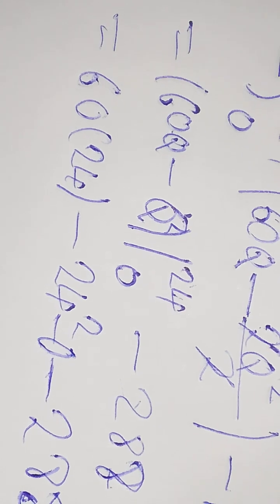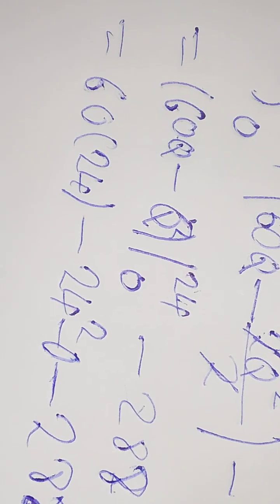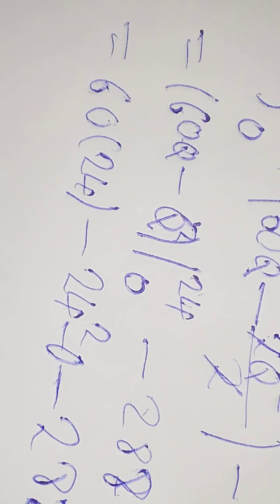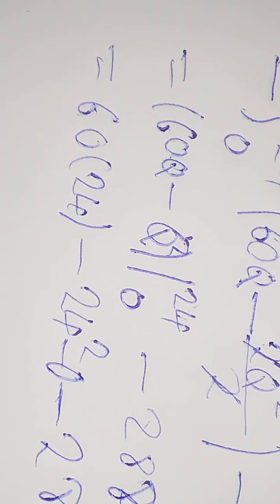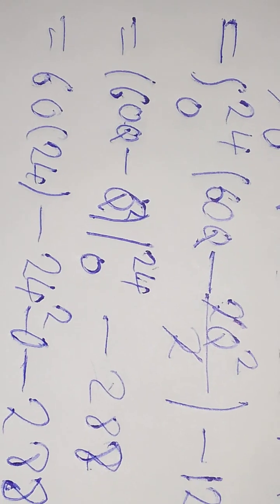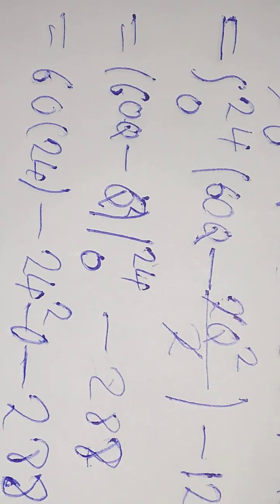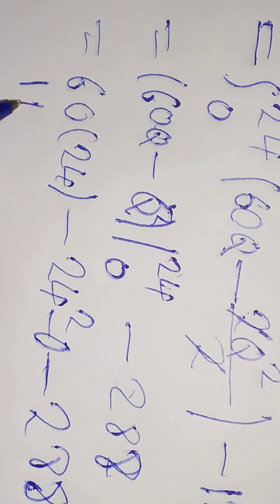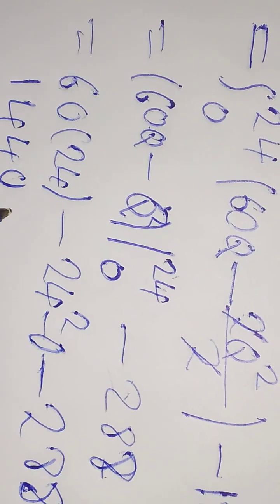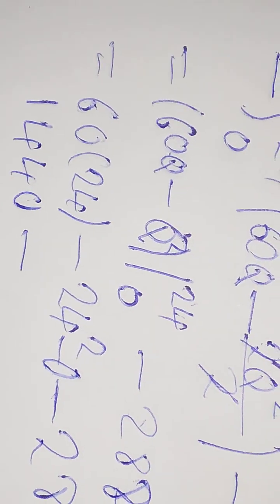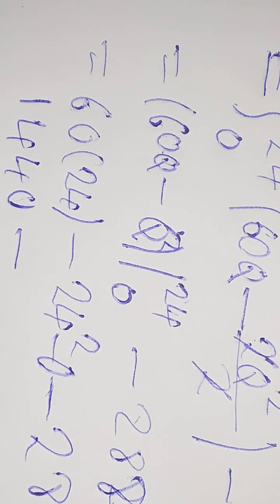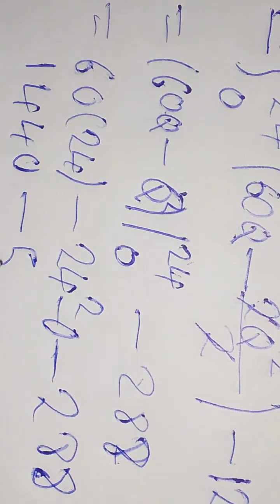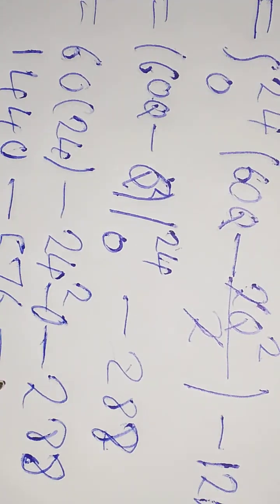Let's quickly get our calculator to find the answer. 60 times 24 is 1440, minus 24 squared, which is 576, minus 288.